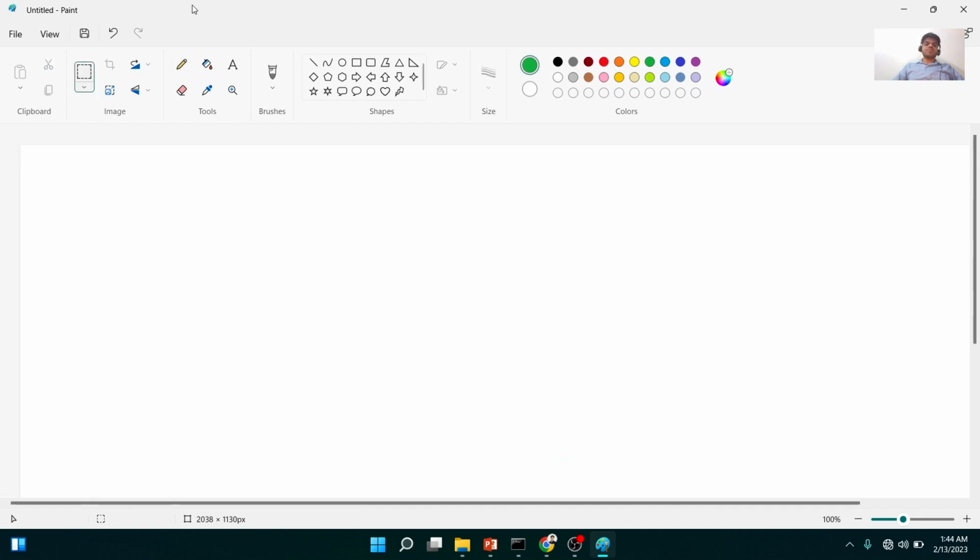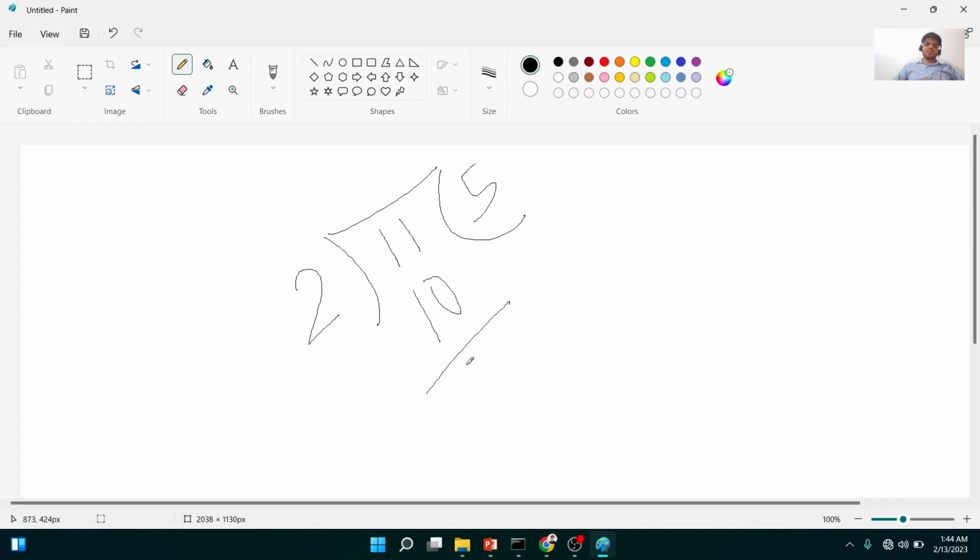It always gives you the remainder. If I'm dividing 11 by 2, in this case I can write here 5, so 2 times 5 is 10, and the remainder is 1. So this is going to be my answer.